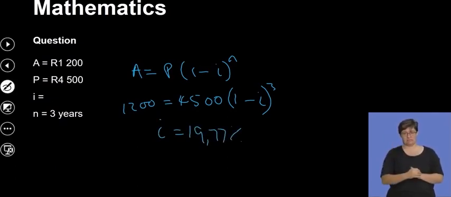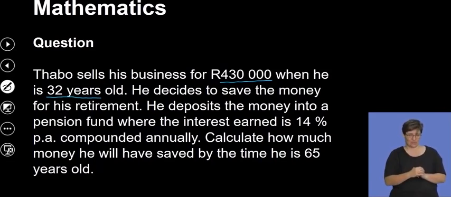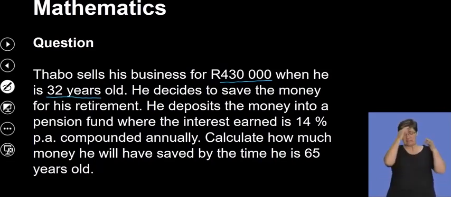Now, these other questions, I would really like you guys to look at them and then try them at home. So Thabo sells his business for that amount when he is 32 years old. Now, the goal here is to know how old will he be when he decides to do certain things.